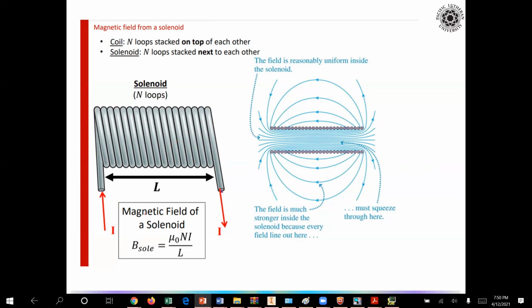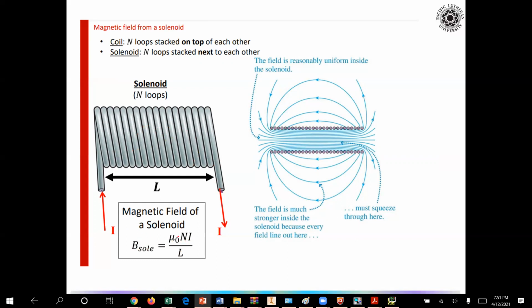And the magnetic field in that situation, for the solenoid, is mu times n, where n is the number of turns you have to represent that solenoid, times I divided by L, where L is the length of the wire.